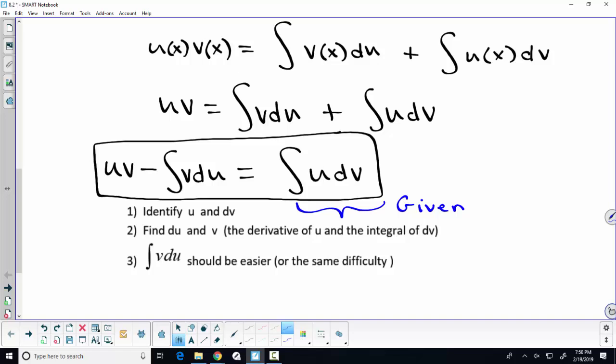Once I identify u and dv, I take the derivative of u to get du. From dv, I take the antiderivative in order to get v. And then the integral that we end up with over here should be easier than, or the same as, the original antiderivative you started with. So that's sort of the process.